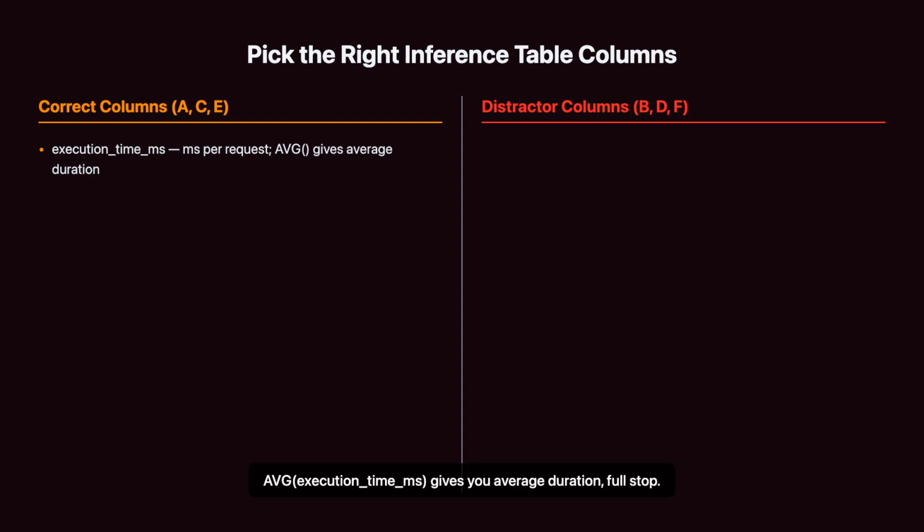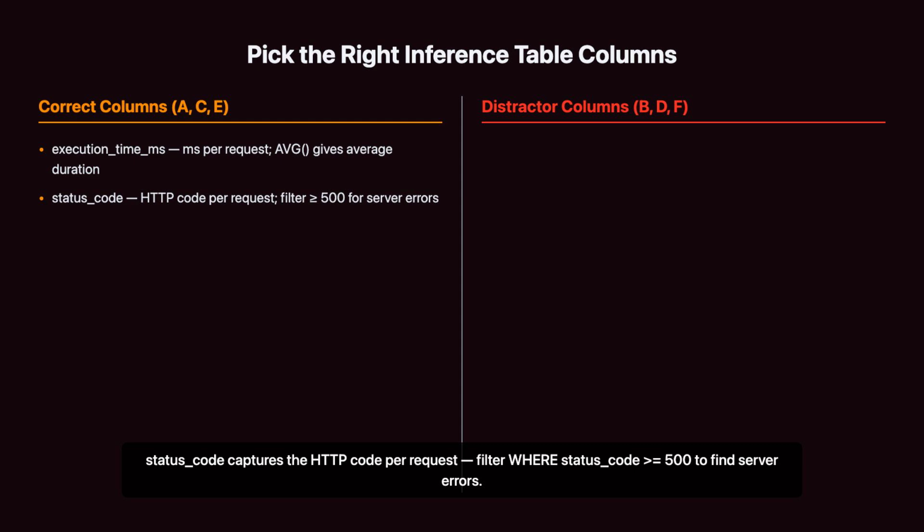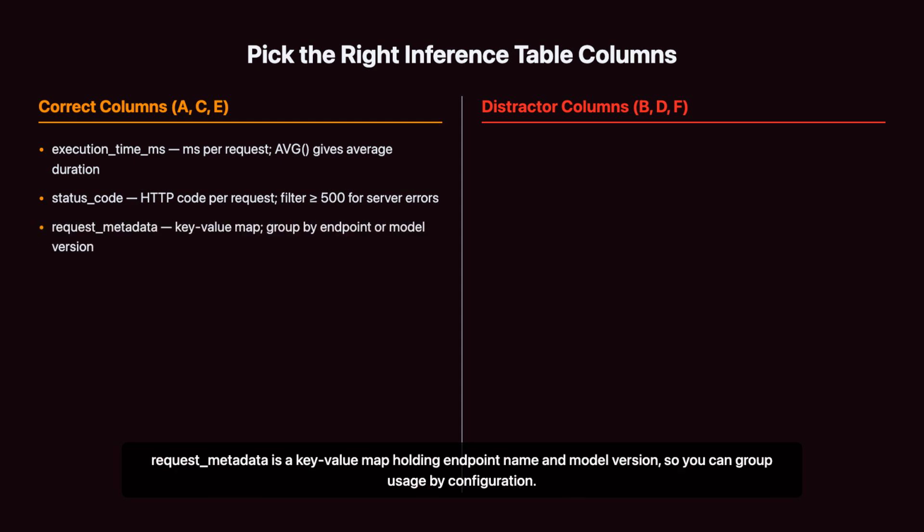Average execution_time_ms gives you average duration, full stop. Status_code captures the HTTP code per request. Filter where status_code greater than or equal to 500 to find server errors. Request_metadata is a key value map holding endpoint name and model version, so you can group usage by configuration.